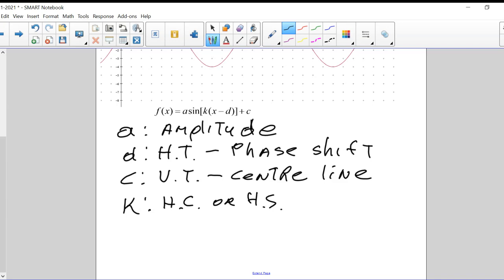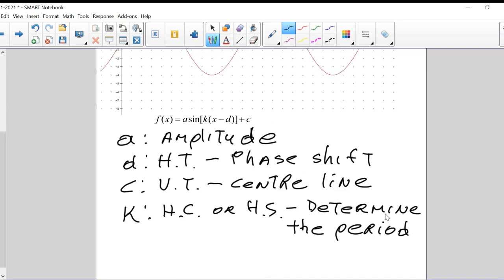This K is going to determine the period. I say determine because it's not going to be the same thing as the period. It's going to determine the period of the function, which we've talked about. And we're going to see if we can figure out how that determination takes place. All right? But I want you to start off with that.